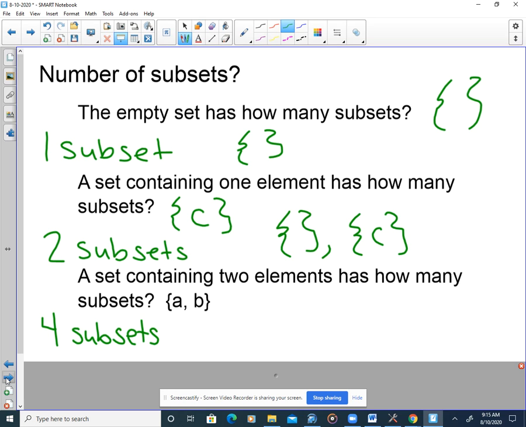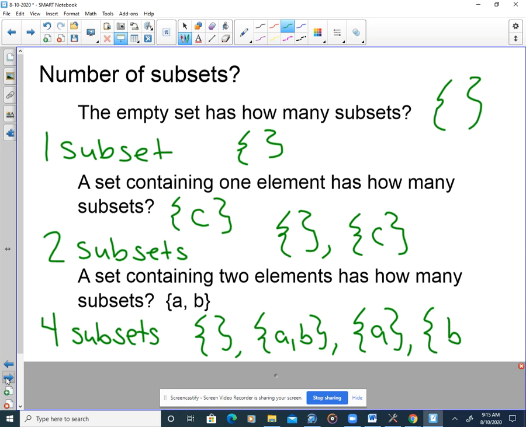The 4 subsets would be the empty set, the set itself, so the set that contains A and B, and then it has 2 more. The last 2 subsets would be the set that just contains A and the set that contains just B. These are the 4 subsets of that set AB.